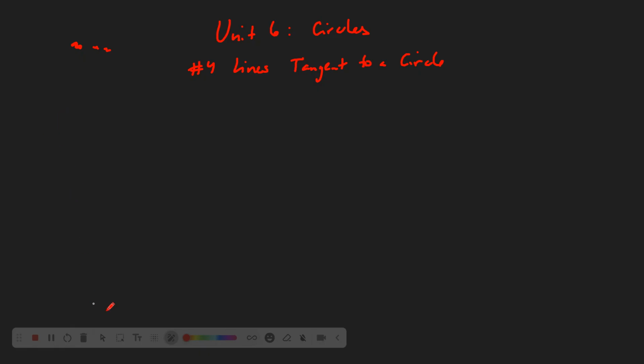Okay, so let's talk about what a tangent to a circle is. So if I am a tangent to a circle, no relation to tangent with trigonometry, right? Tangent to a circle.